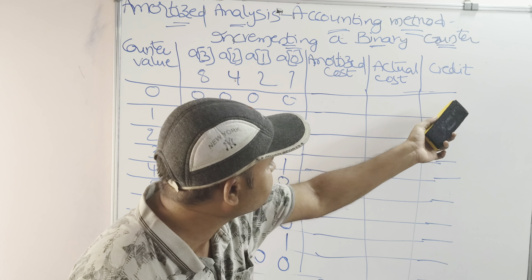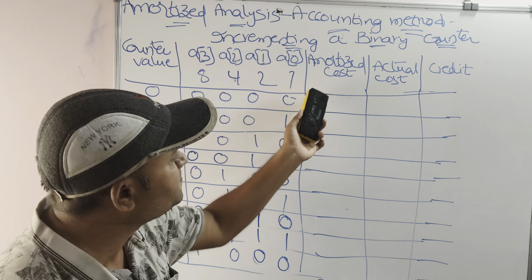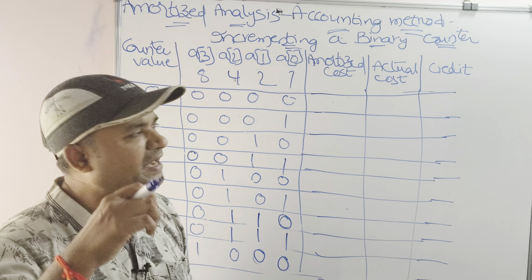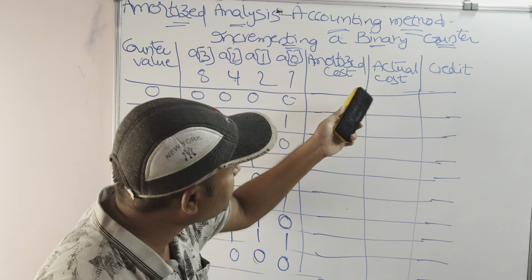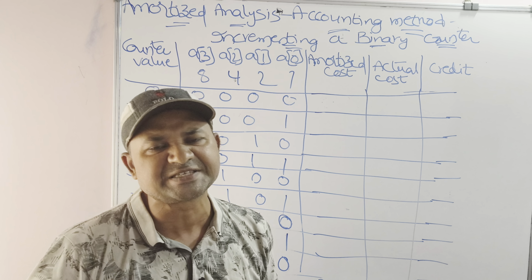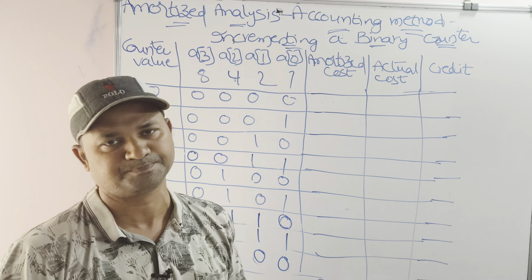Next, credit is nothing but the difference between amortized cost and actual cost. So credit means amortized cost minus actual cost. Credit must always be a non-negative number.